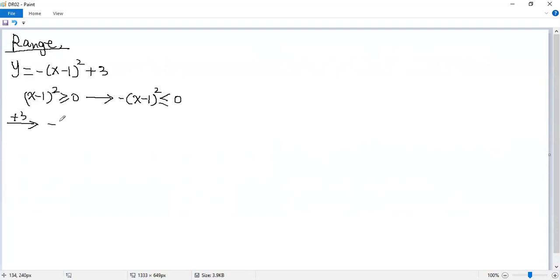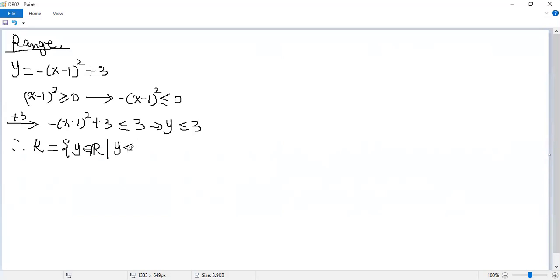So we get negative (x minus 1) squared plus 3 less than or equal to 3. And we know the left side actually is y. So y is less than or equal to 3. So the range is: y is a real number, but y less than or equal to 3.